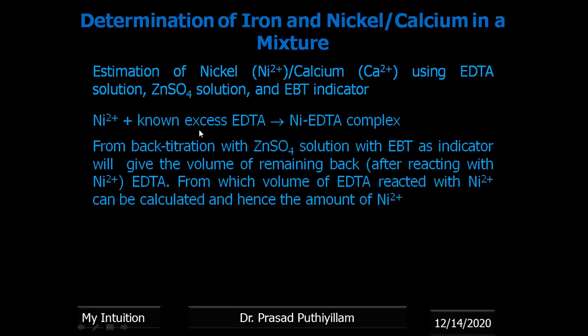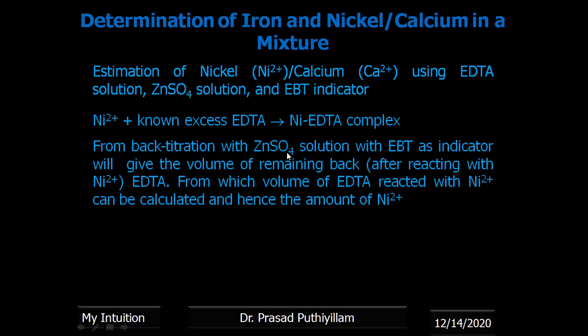That means from the 30 ml, excess is there. Only a few ml of EDTA will react with the nickel because it is a very dilute solution. So we do back titration with zinc sulfate, and to standardize EDTA also, we are using zinc sulfate.